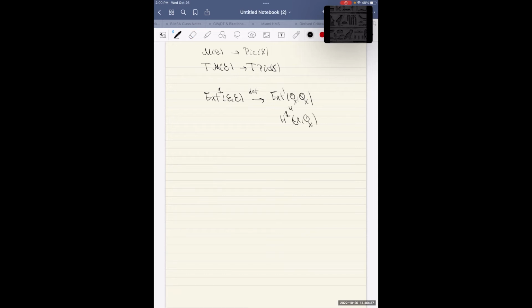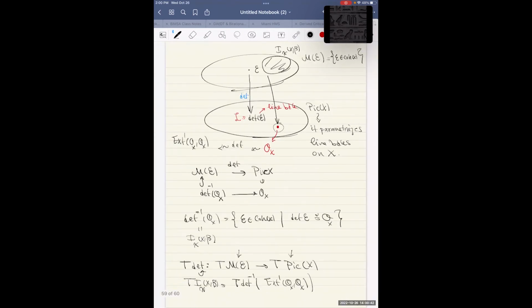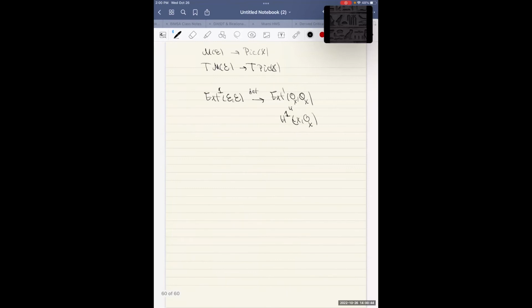This is the same. So there is a surjective map, because this map is a projection map, surjective. So there is a surjective map to here. And this map has a kernel.